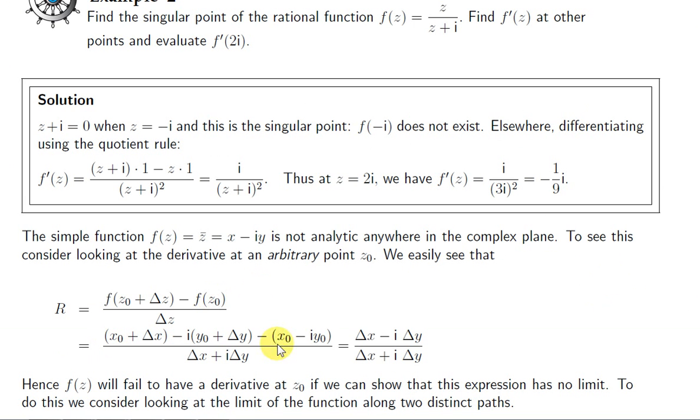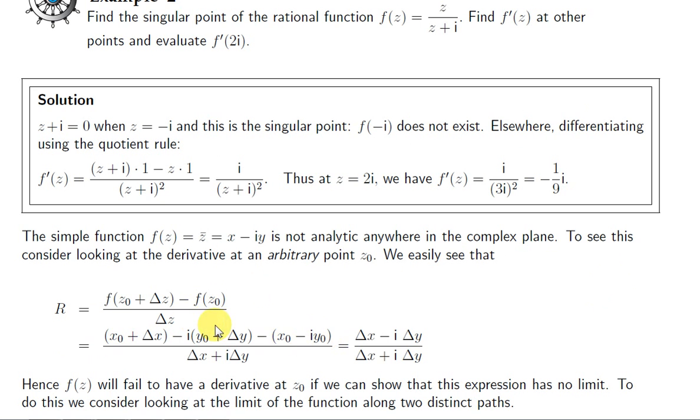We have to subtract f of z naught. Well, z naught is x naught plus i y naught, and f of z naught is got by changing the sign of the imaginary part. So we go from x naught plus i y naught to x naught minus i y naught.